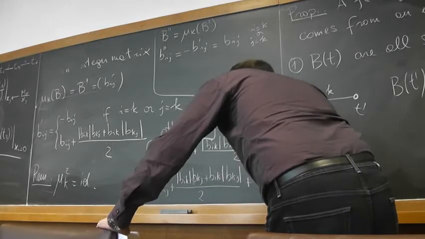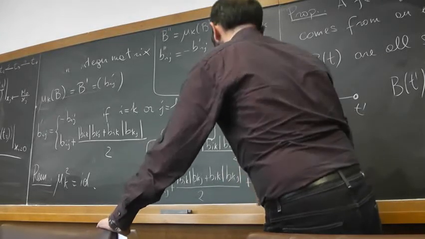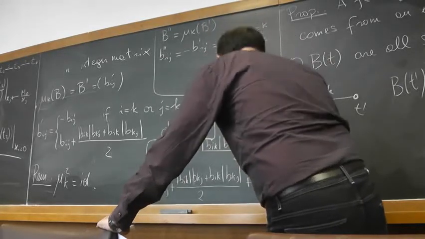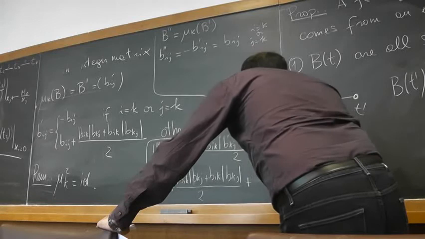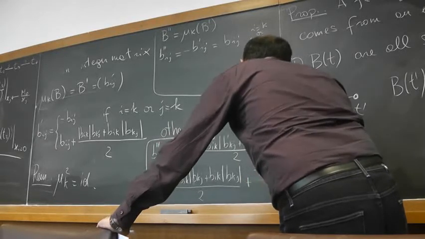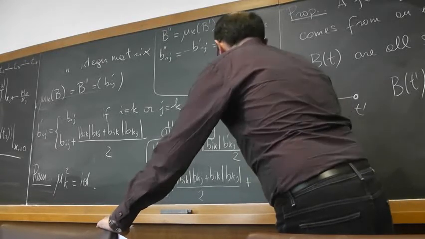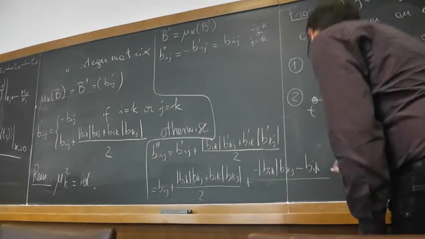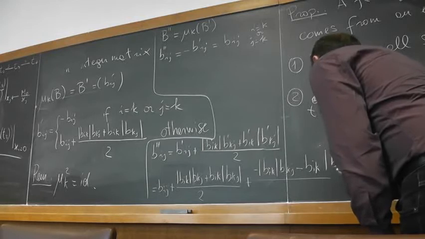B prime kj is minus Bkj. And B prime ik is minus Bik, and the absolute value is the same.